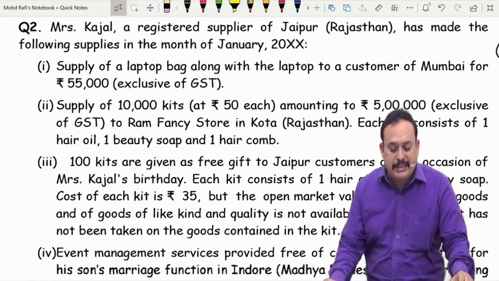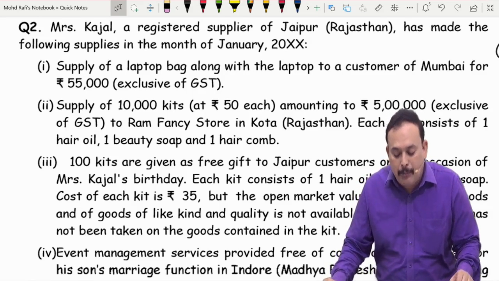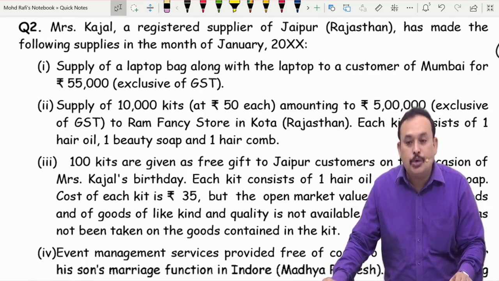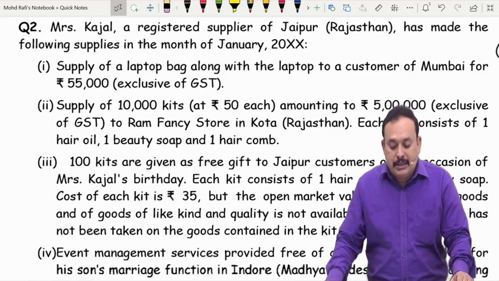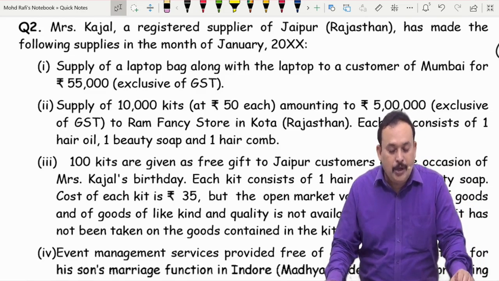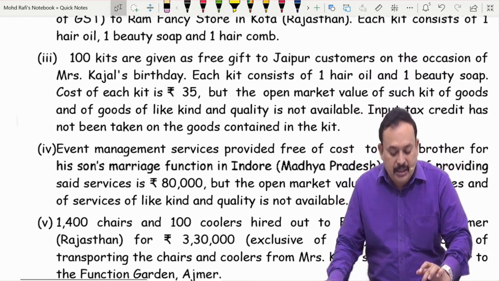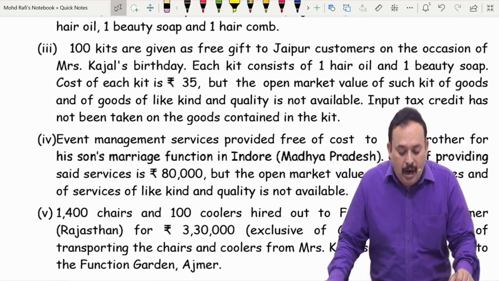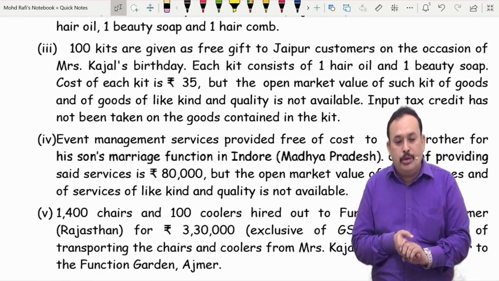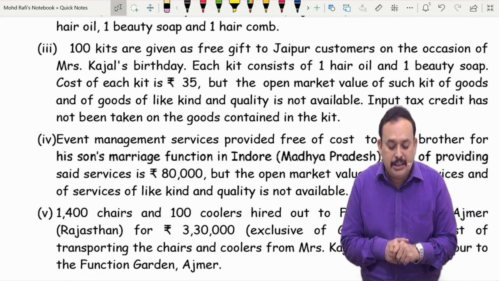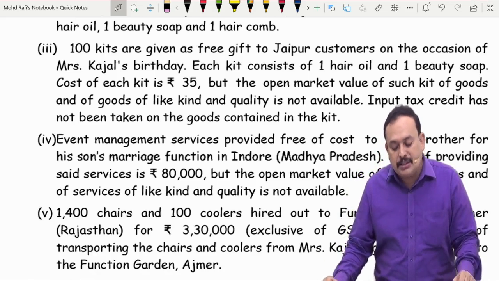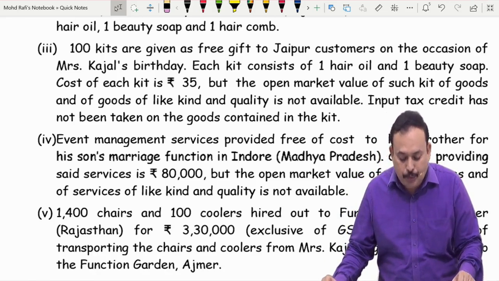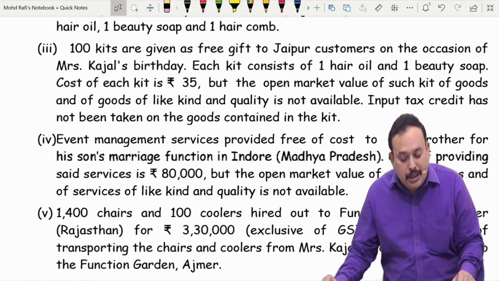Supply of 10,000 kits at rupees 50 each amounting to 5 lakh rupees exclusive of GST to Ram Fancy Store in Kota, Rajasthan. Each kit consists of 1 hair oil, 1 beauty soap and 1 hair comb. 3. 100 kits are given as a free gift to Jaipur consumers on the occasion of Mrs. Kajal's birthday. Each kit consists of 1 hair oil and 1 beauty soap. Cost of each kit is 35 rupees.